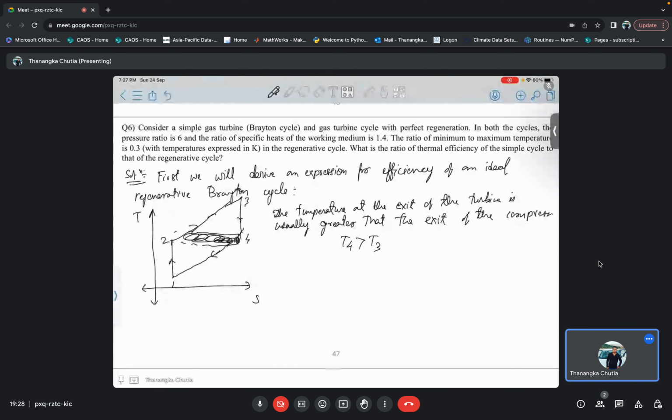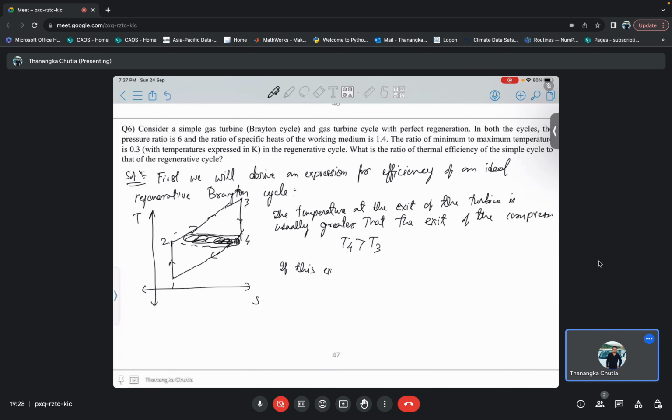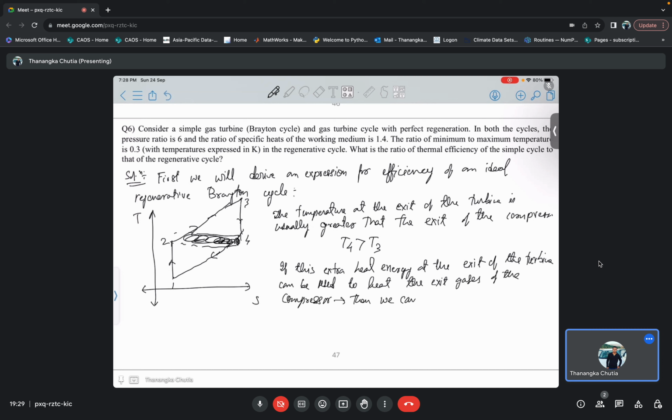Now if this extra heat energy at the exit of the turbine can be used to heat the exit gases of the compressor, then we can reduce the heat required in the cycle.